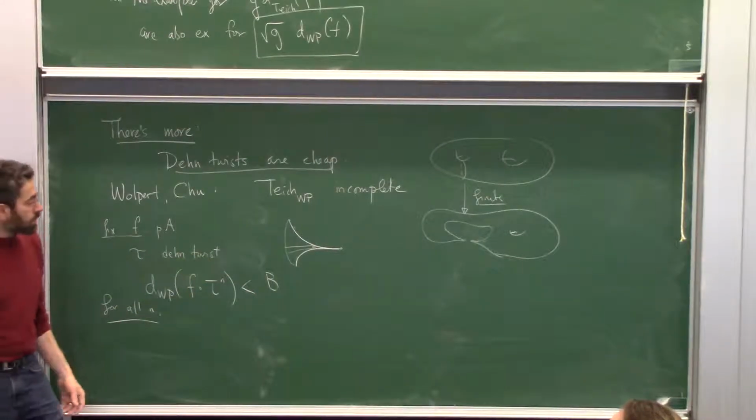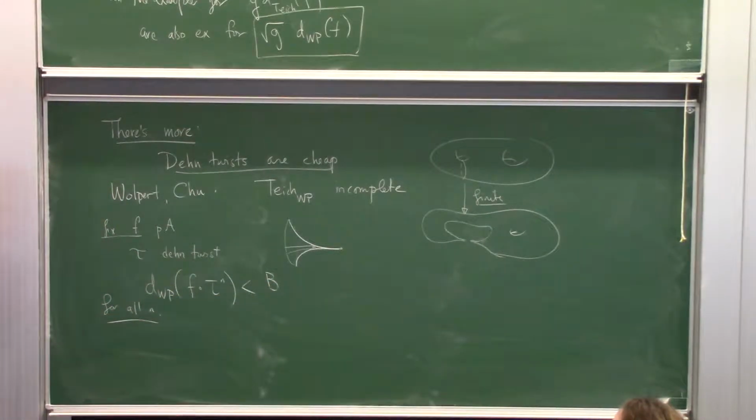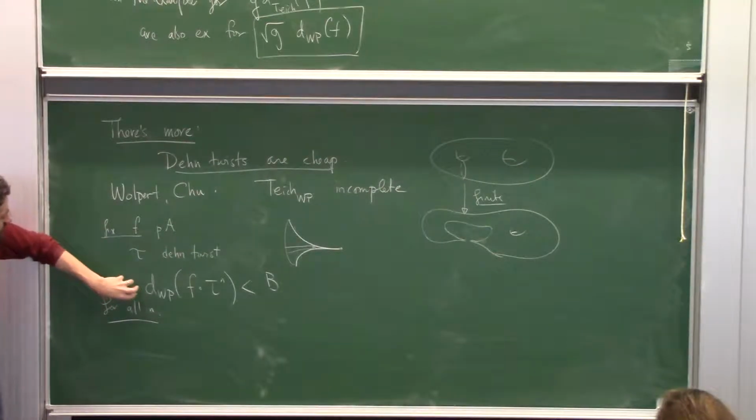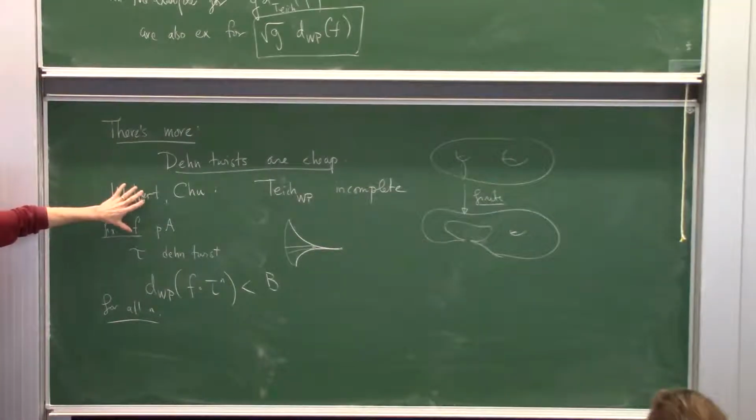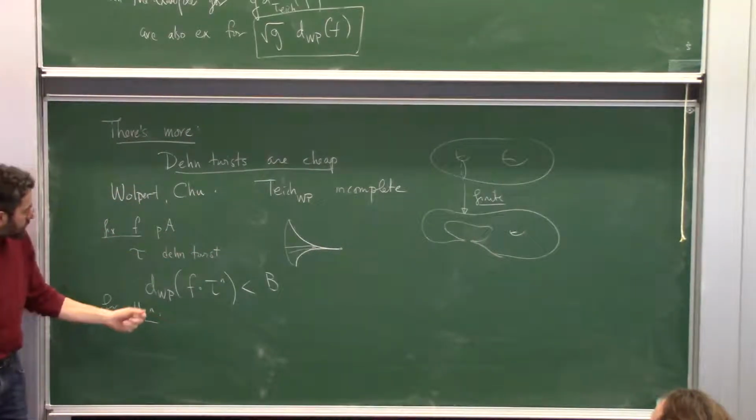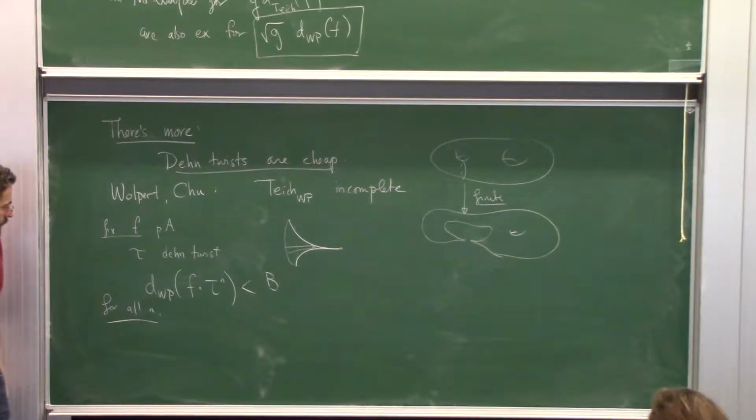So eventually it's pseudo-Anosov, and it is bounded. I haven't yet put in the square root of g, so this is for a fixed g. For a fixed g, I can add as many Dehn twists as I want, and it doesn't cost me more than a constant. So I have to fold that into my picture here.